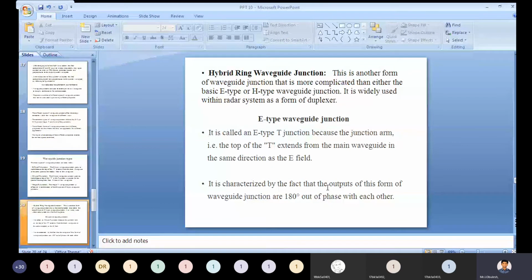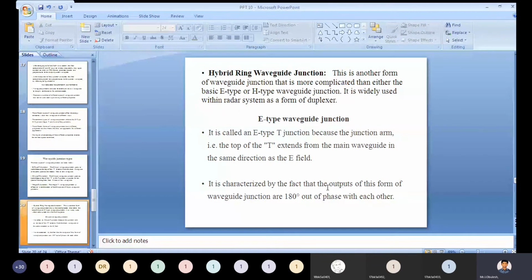It is widely used within radar systems as a form of duplexing. So most probably we will use either E, H or magic T, not the hybrid ring waveguide junction.